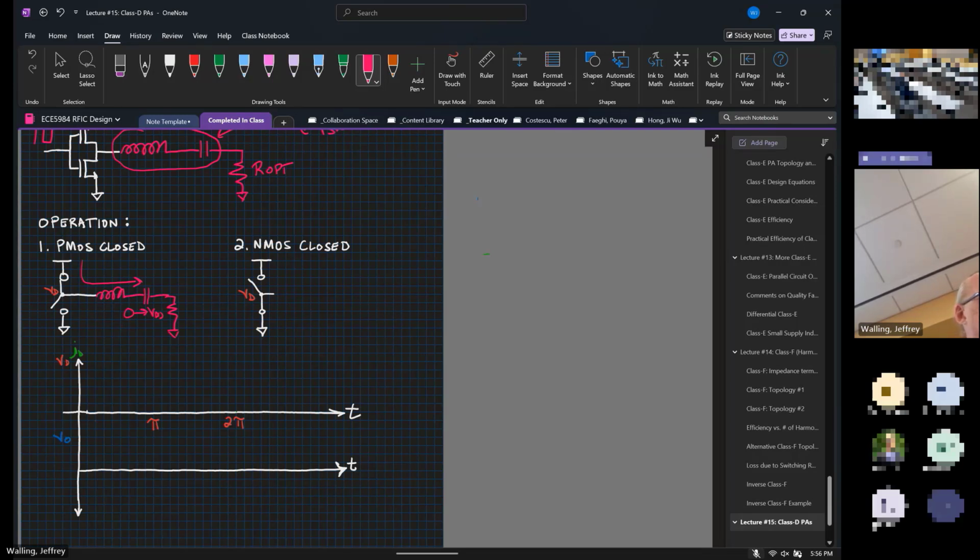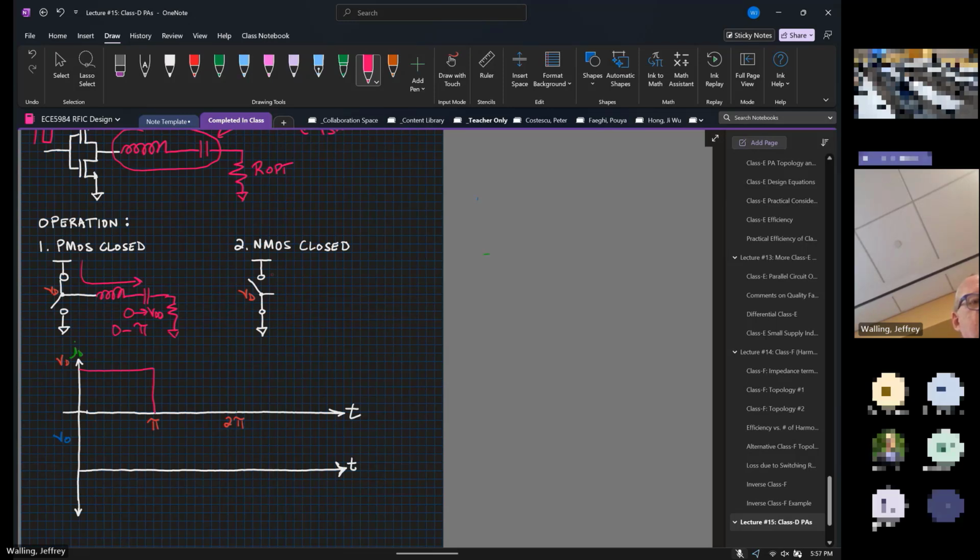And this is going to happen over the range of time from 0 to pi. So we're just doing this in radians, so half of the cycle. So if we look at the drain voltage, ultimately this should just get kind of squared up.